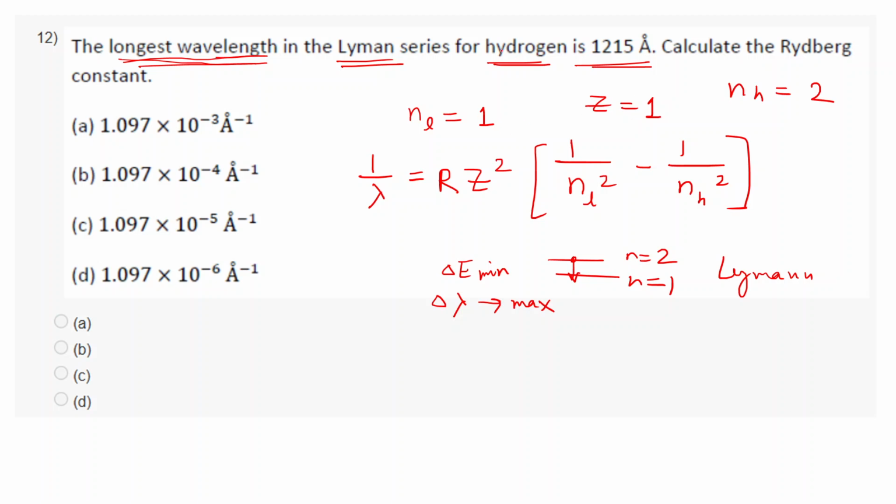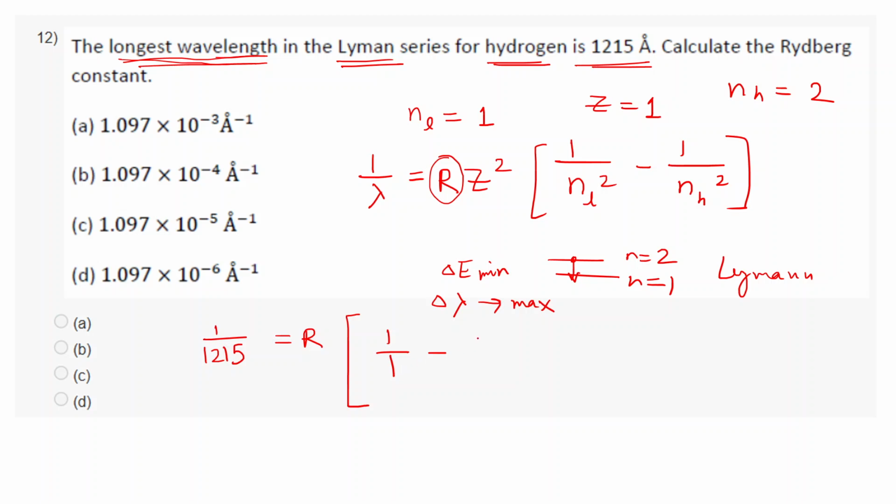The atomic number we also know, because it's hydrogen, so the atomic number is 1. The wavelength we know is 1215 angstrom. Now we have to find the value of R. Substituting everything, lambda is 1215 angstrom. The answer is in angstrom, so I'll keep it in angstrom only. R we have to find out, Z is 1 and the lower level is 1, right?